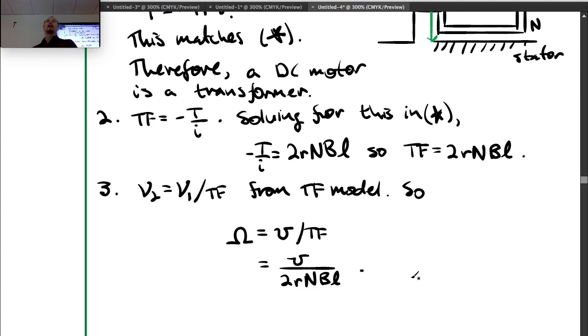Power on the other side is the product of the torque and the angular velocity. So often what we think about with motors is that we are trading off in different operating regimes between torque and angular velocity and current and voltage. Those are the things that we're playing with.